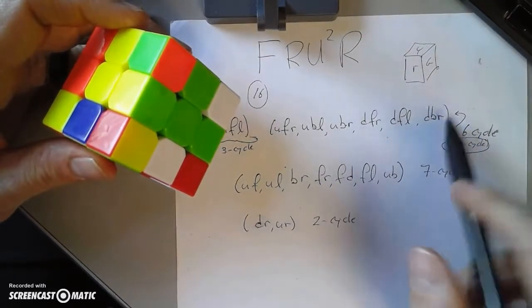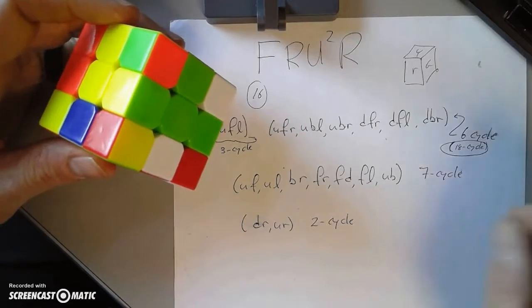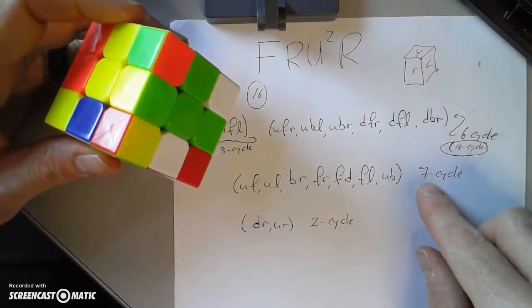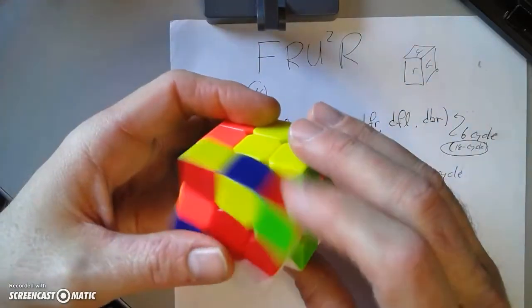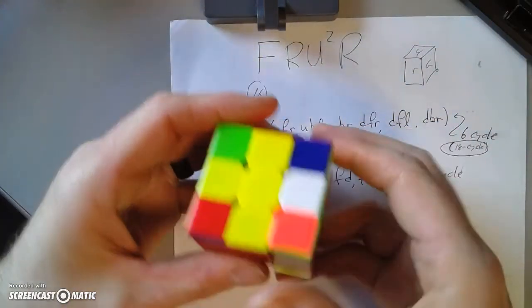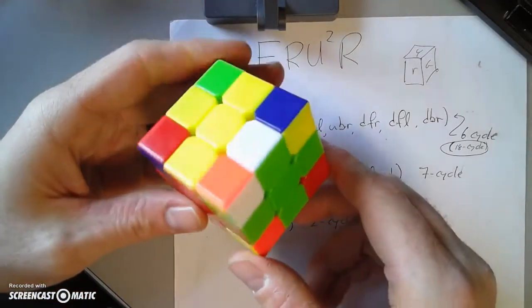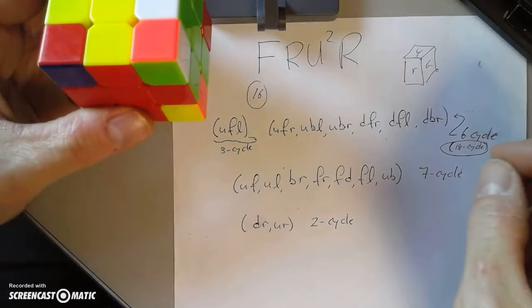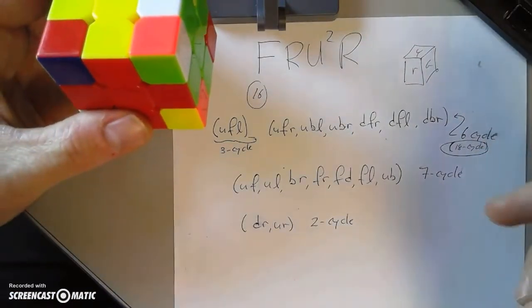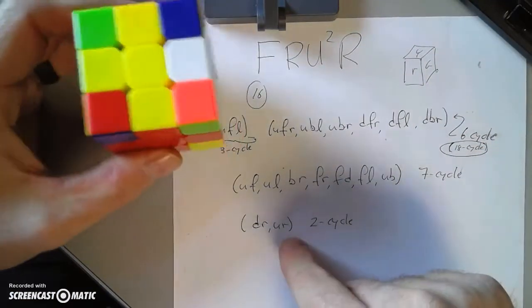Not only to get these back, but also to orient them. That was 6. If I do it 1 more time, I should see these edges returned. So let's do it 1 more time. FRU squared R. The edges are returned. I mean, not those. So they're not flipped. So that's good. If I did it 1 more time, that would be 8. And of course, these will be back.